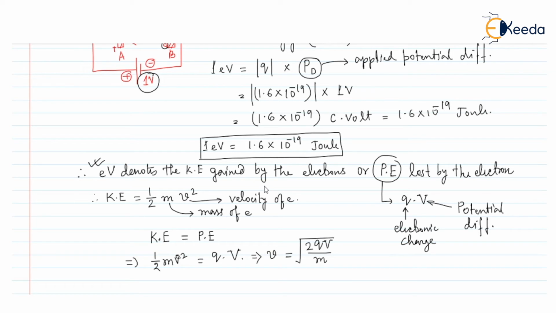Now, this equation will give the velocity of the electron due to any applied potential of capital V.